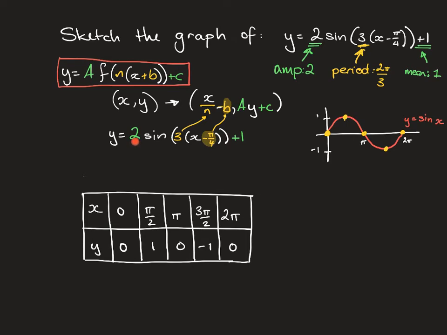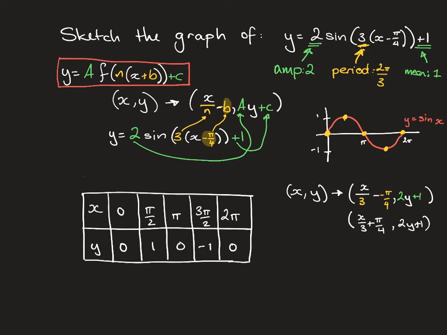And our a value is 2 and our c value is 1. So that means that our mapping is now x on 3 minus minus pi on 4. So that becomes x on 3 plus pi on 4, and our y values become 2y plus 1.